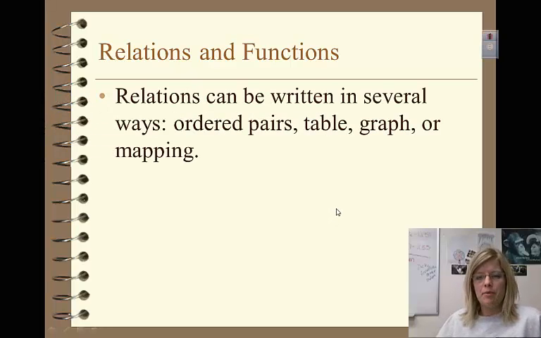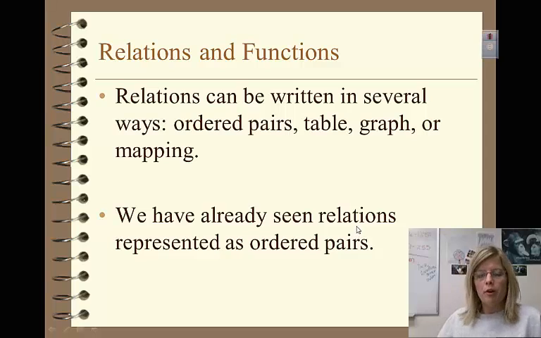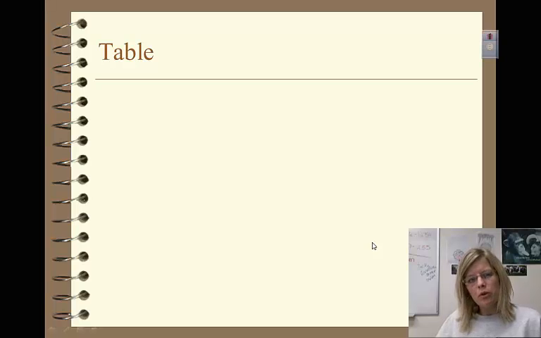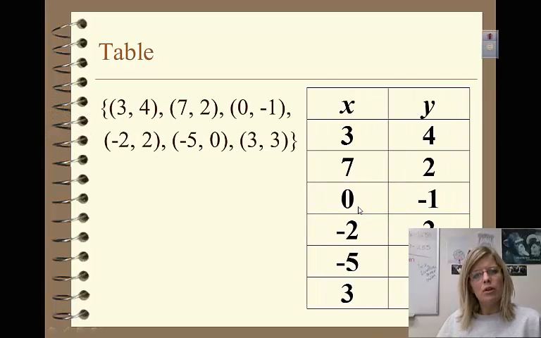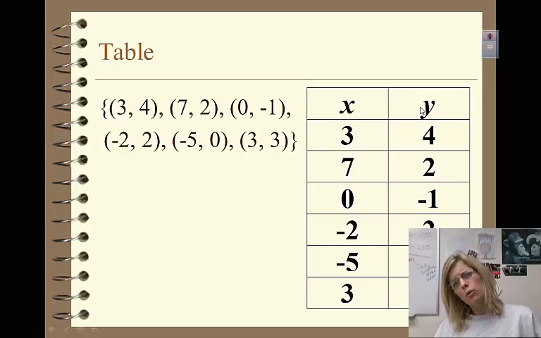After that, you're going to see the relations written different ways: ordered pairs, which I just showed you, a table, a graph, mapping. Again, nothing new, so this is great. Just review. A table has x and y t-charts, x values and y values.